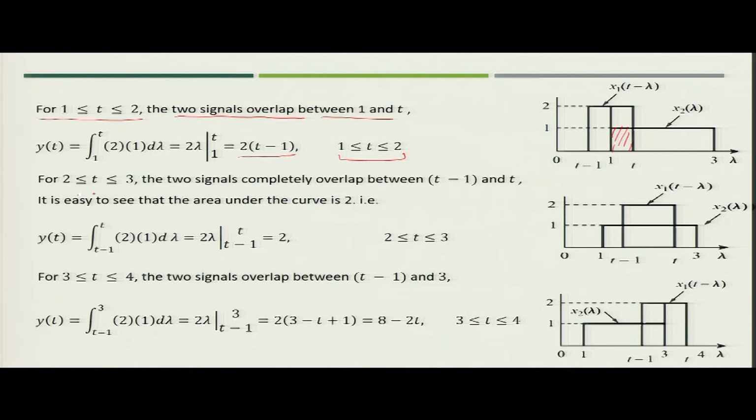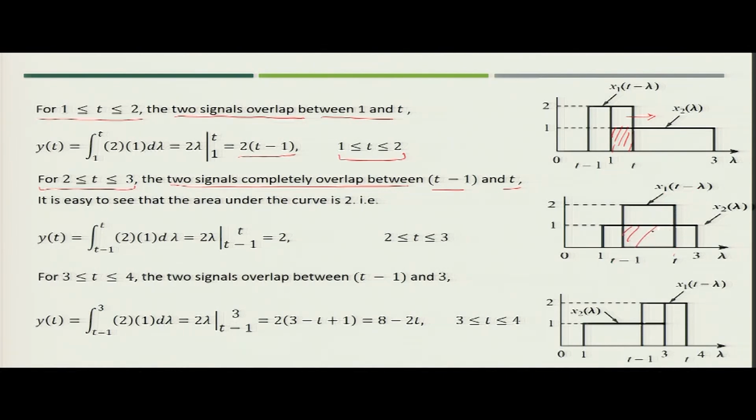Now we will shift this signal further in this direction, then we will try to find out the value of the convolution of two signals for time between 2 to 3. So when you will see that the time is ranging between 2 to 3, two signals are completely overlapping, and the overlap is completely between t minus 1 to t, because the function x1 of t minus lambda ranges between t minus 1 to t.